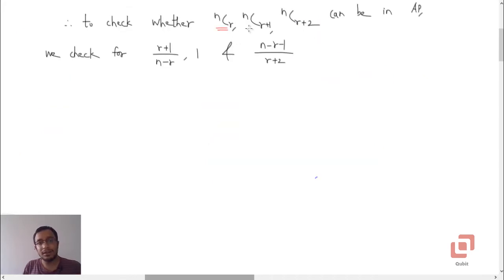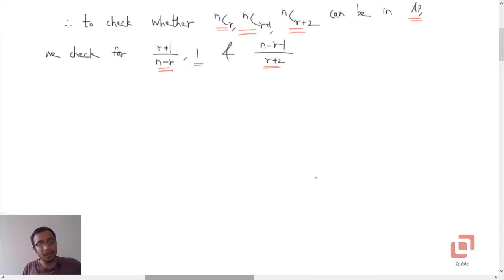To check whether NCR, NCR plus 1 and NCR plus 2 are in AP, we check the simplified terms r plus 1 upon n minus r, 1, and n minus r minus 1 upon r plus 2.